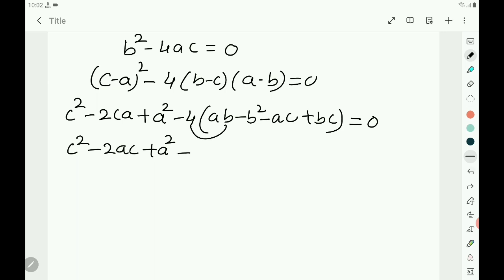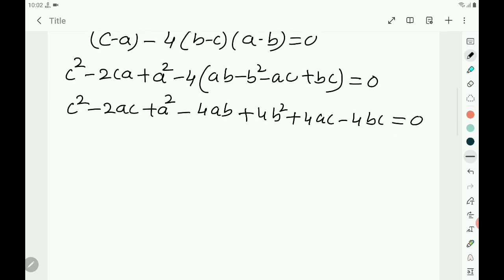Minus 4 into ab, minus 4ab, minus 4 into minus b square plus 4b square, minus 4 into minus ac plus 4ac, and minus 4 into plus bc minus 4bc, equals 0.